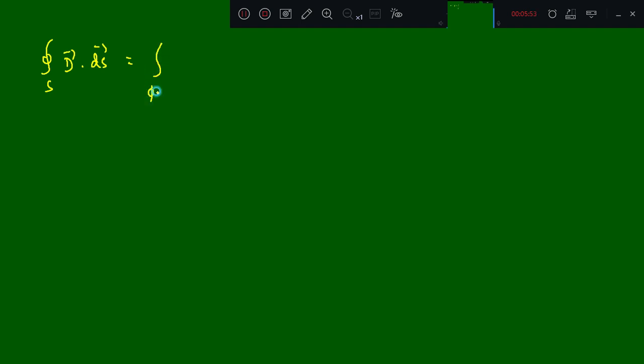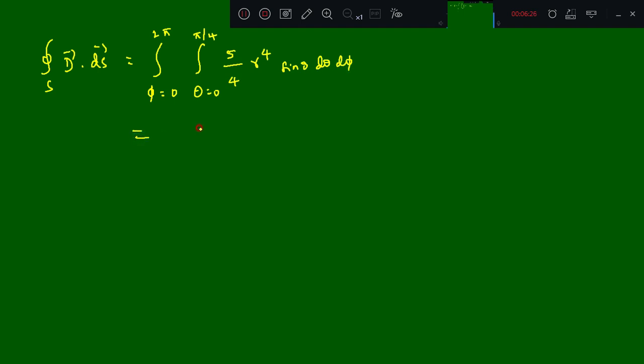So phi ranges between 0 to 2 pi, then theta ranges between 0 to pi by 4. So what is D dot dS? This is 5 by 4 r raised to 4 sin theta d theta.